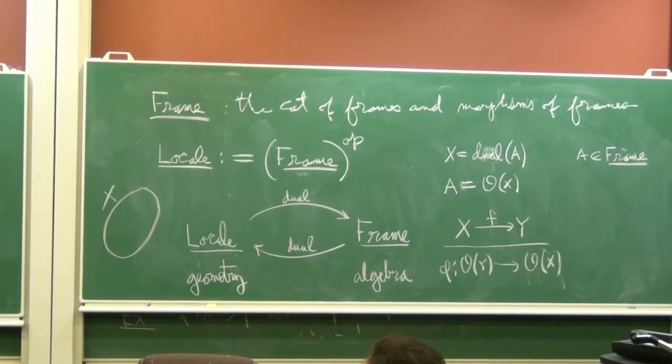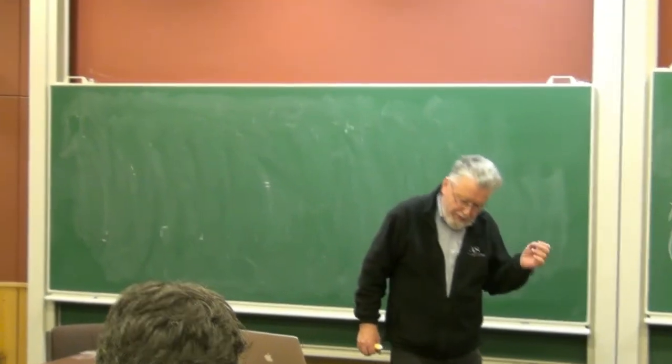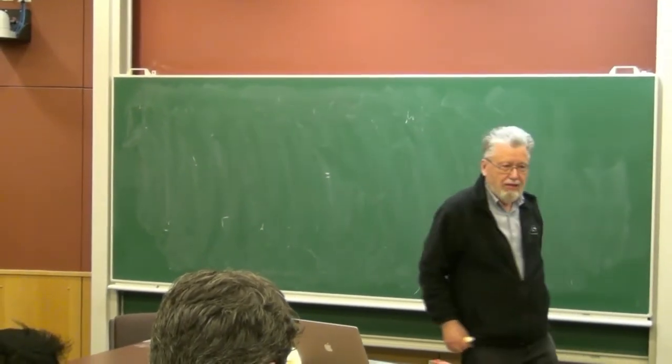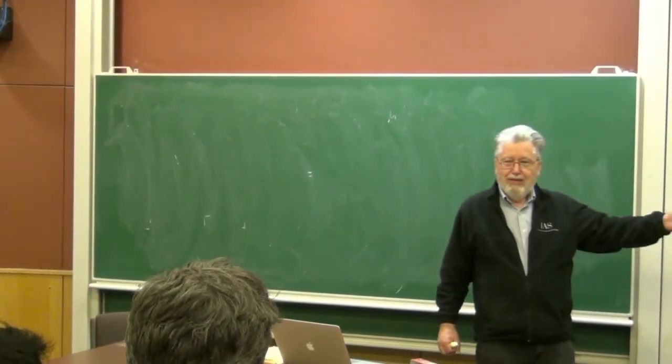Now, one possibility, when you see a situation like this, you say, oh my God, do I really need the category of frames? I'm going to take a shortcut. I will call a frame a locale. Let's not bother calling it a frame.